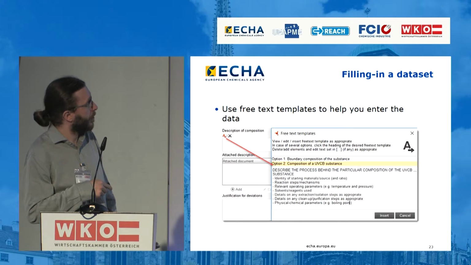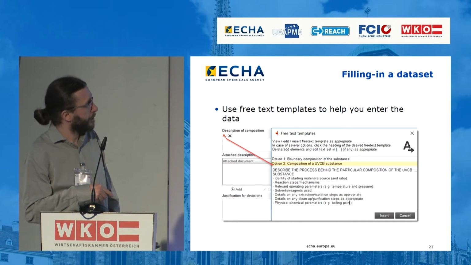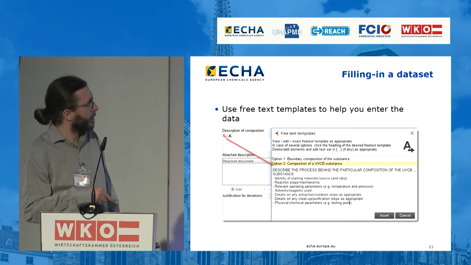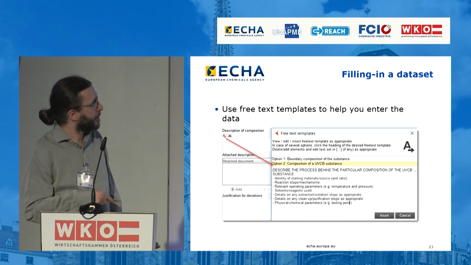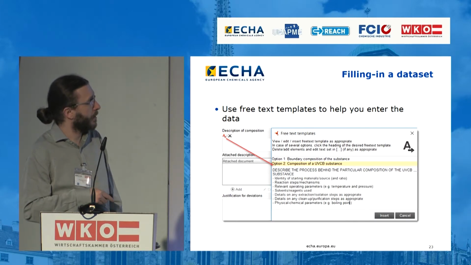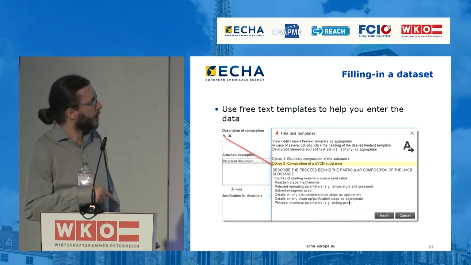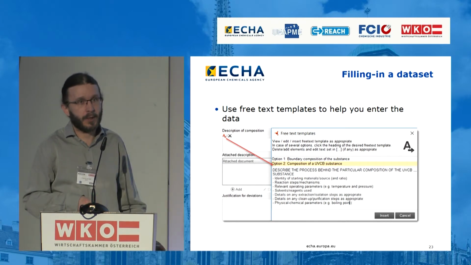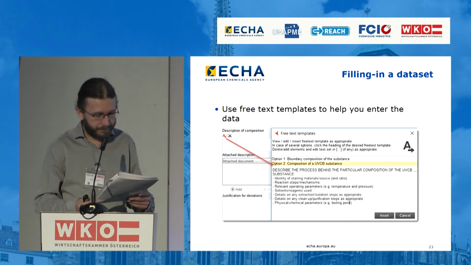For example, what we expect for a description of composition. If you are registering a UVCB substance, for example, this will be the type of information we would expect in this field. And also, if you provide the boundary composition as a lead of a joint submission, you will see also specific information that we would like to see in this field, composition description.